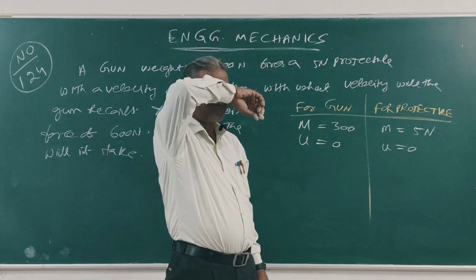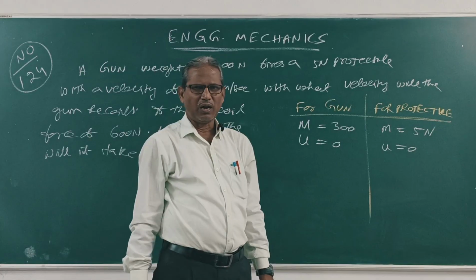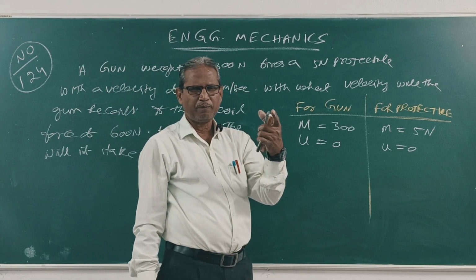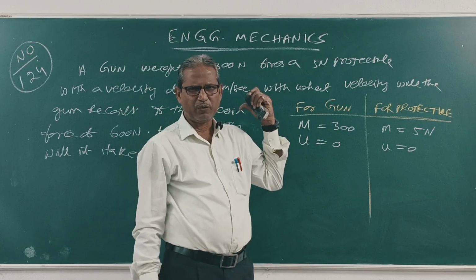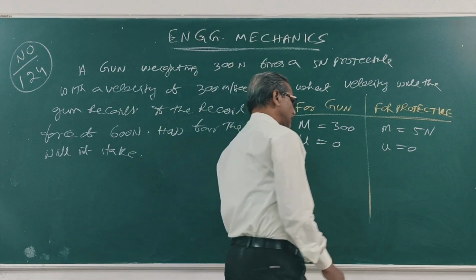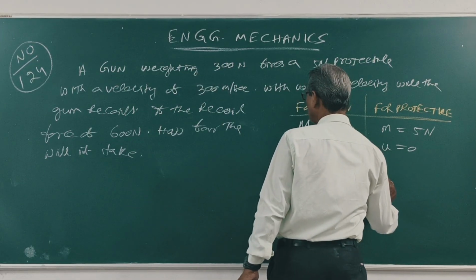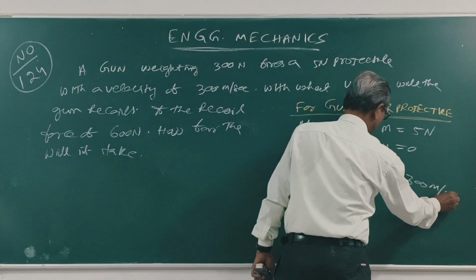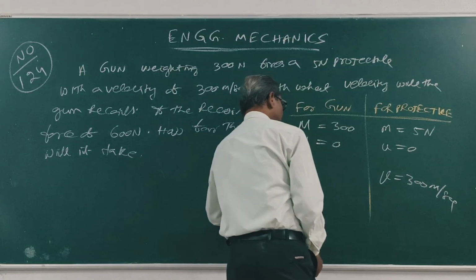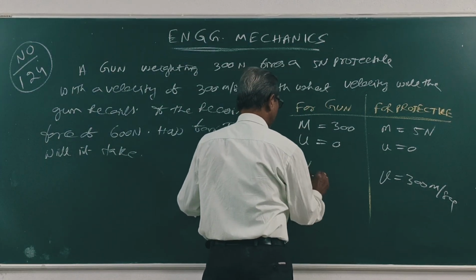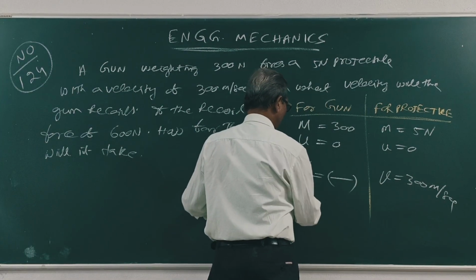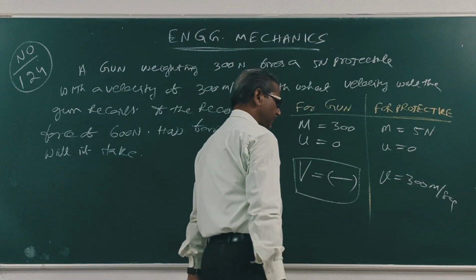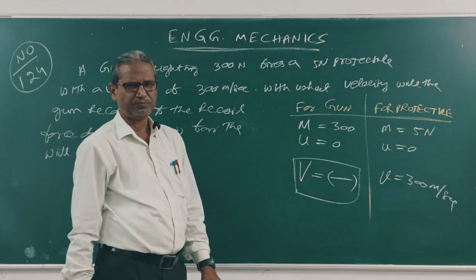Now, after firing, the projectile will move forward, the gun will recoil backwards. So the velocity of projectile, small v, is equal to 300 meter per second. The recoil of gun, capital V, what is the velocity of recoil of gun? We find out the velocity of recoil of gun. Clear? Next question.